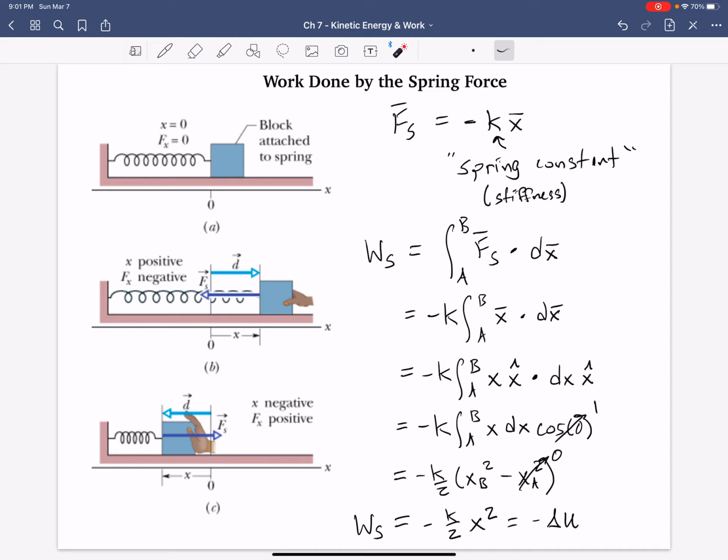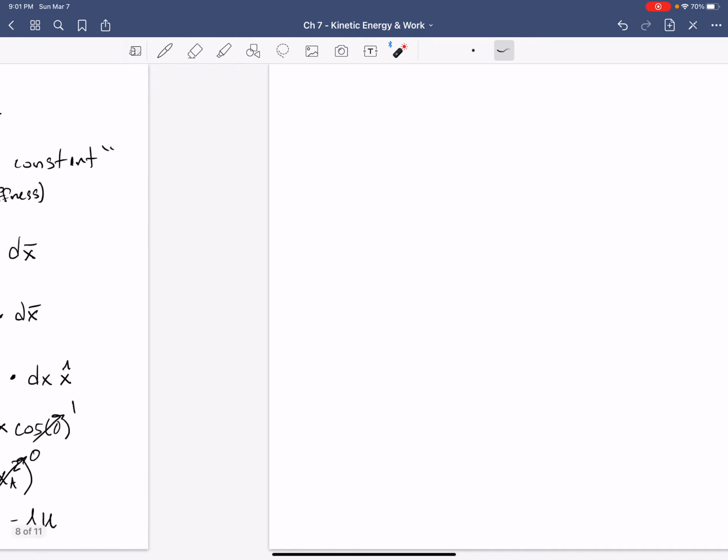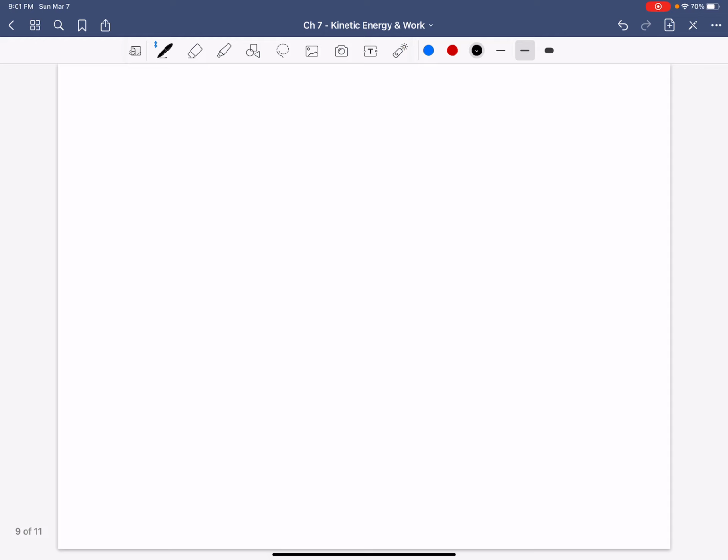Okay? So now let's take a look at the other instances. I'm going to do it like this. So if that's x equals 0, we have case number 1. We said the box was out here, so there was a force in that direction and a displacement in that direction, x.